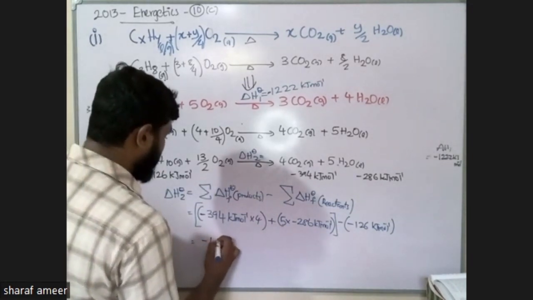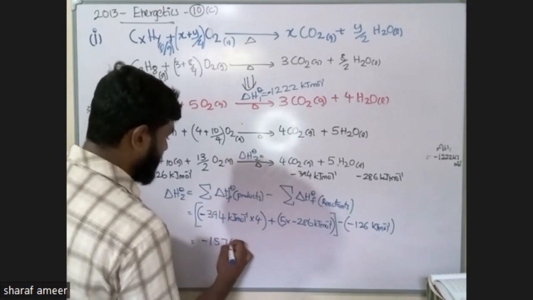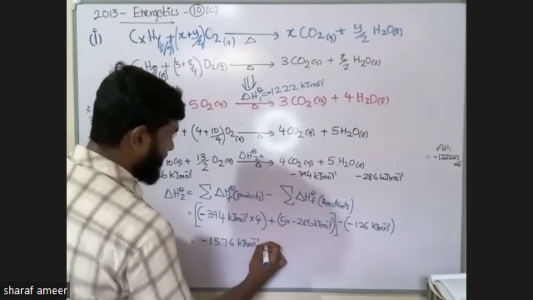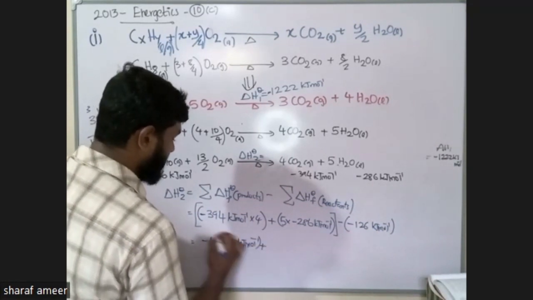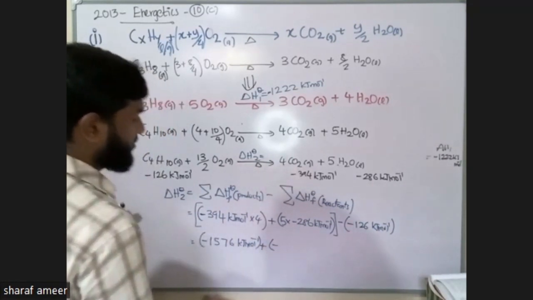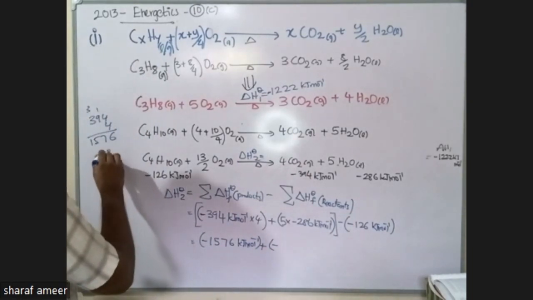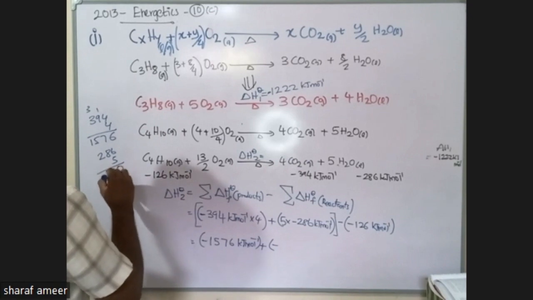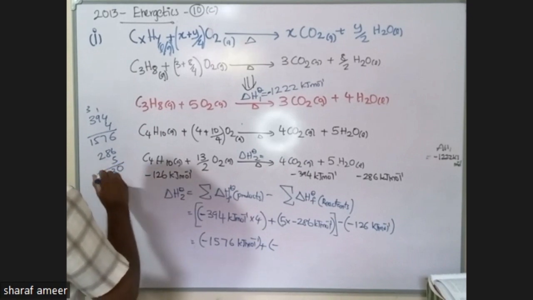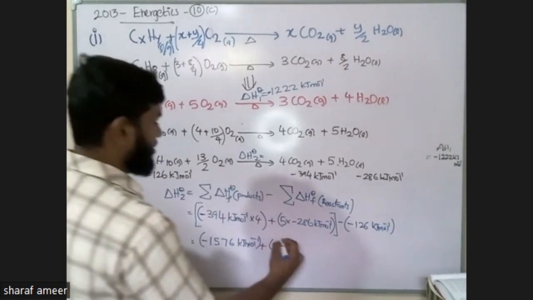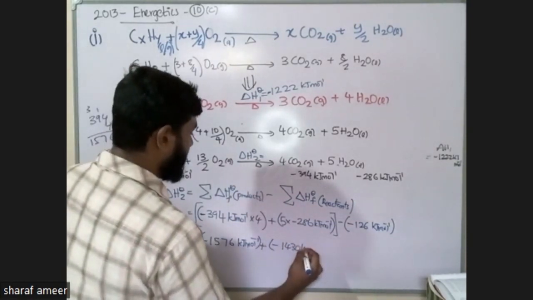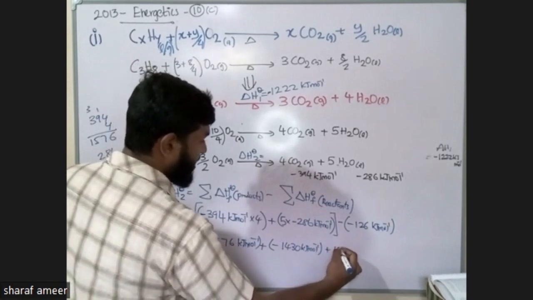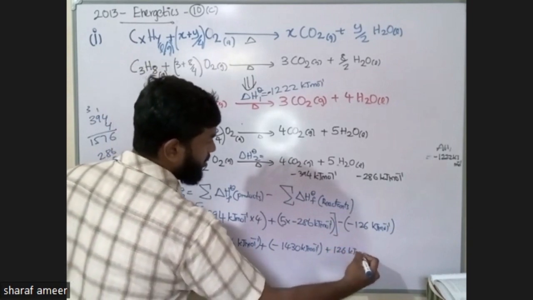So minus 1576 kilojoule mole minus 1 plus minus 286 by 1430 kilojoule mole minus 1 plus 126 kilojoule mole minus 1.